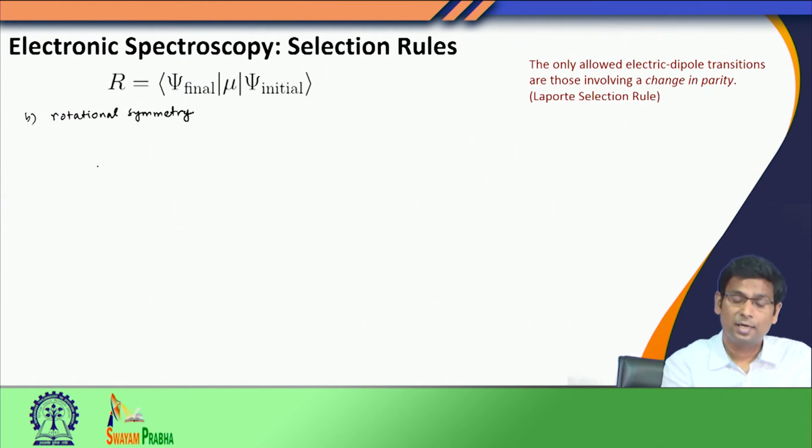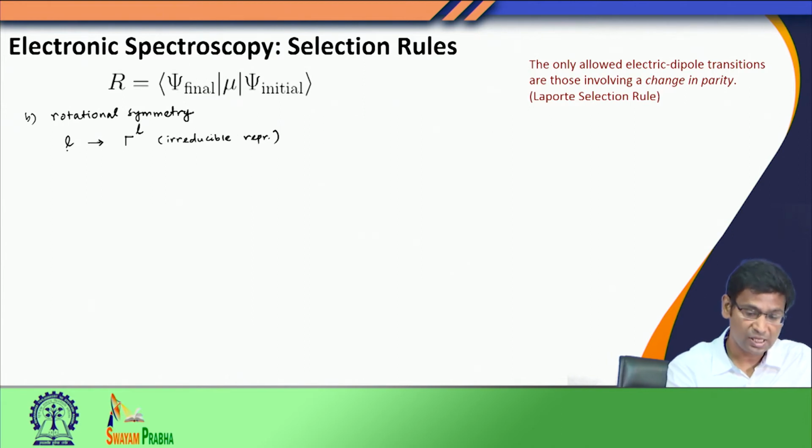Now, an orbital with orbital angular momentum L spans the irreducible representation corresponding to gamma to the power L. So, this is the irreducible representation under the R3 point group, where gamma L is the irreducible representation for the orbital with orbital angular momentum L.